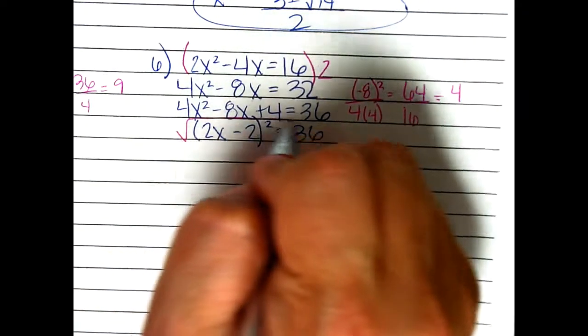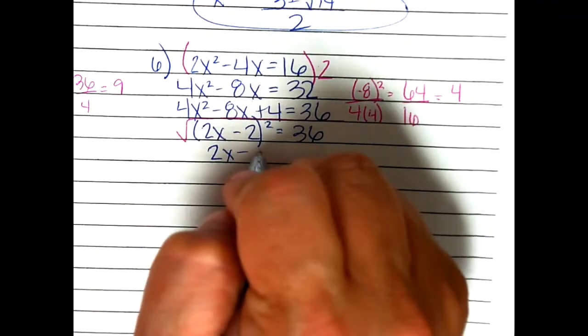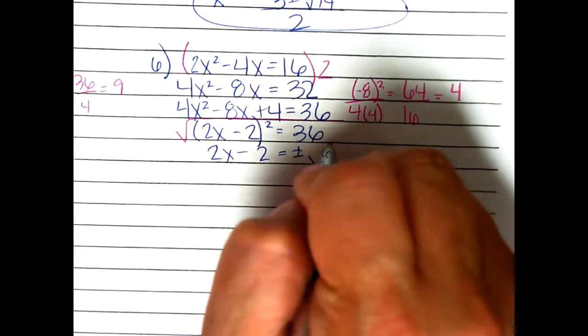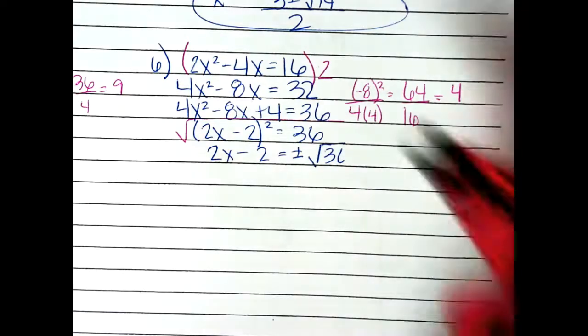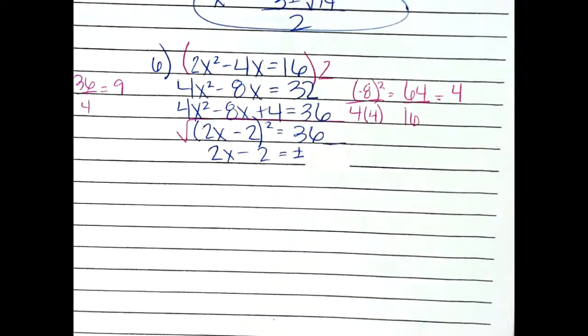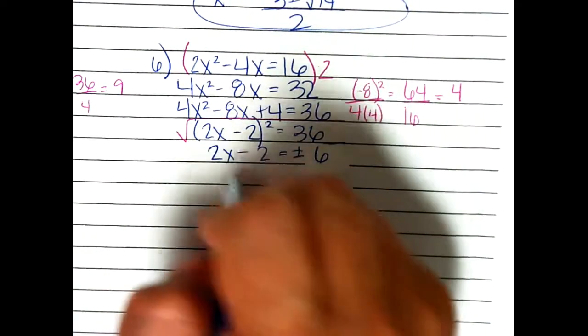Take the square root of both sides. So I have 2x minus 2 equals positive or negative radical 36. Hello, Pixley. It's 6, positive or negative 6. I'm going to add 2 to both sides.